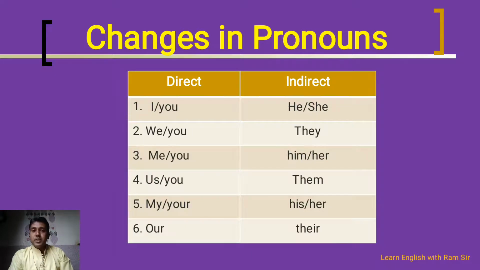The next one is us, or sometimes you is also used for us. At that time you have to convert us into them. The next one is my or your. At that time, as per gender, you have to use his or her. And the last one is our. If you find our in the sentence of the direct speech, you have to convert it into their.